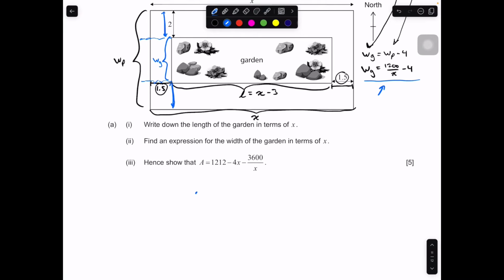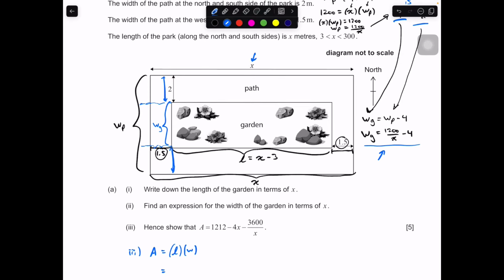Okay, so we know that, this is part 3, let's write it over here. Part 3, we know that area is equal to length times width for a rectangle or square, for example. So what is the length of our garden? The length of our garden is given by x.